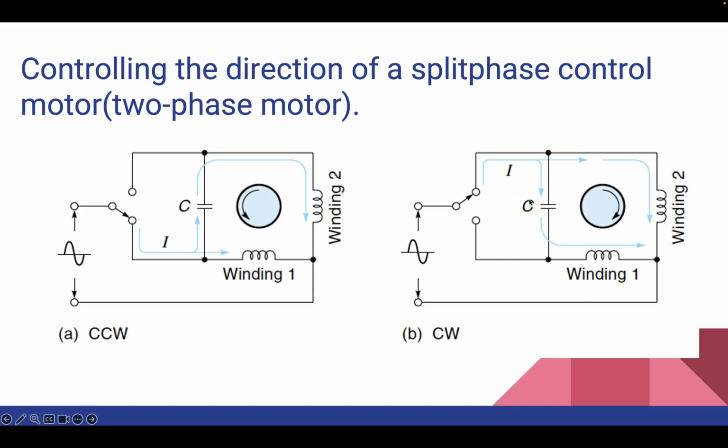So now the switch is in the down position, which causes the line voltage to flow in this direction, and when the switch is in the up direction, the current will flow in this direction, and it reverses the direction of the motor. So this causes the motor to rotate in the opposite direction. So this is clockwise and this is anti-clockwise.